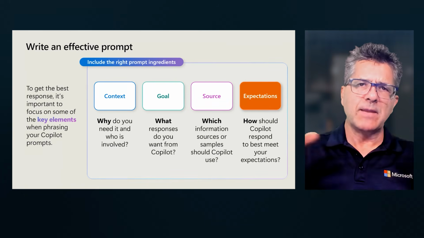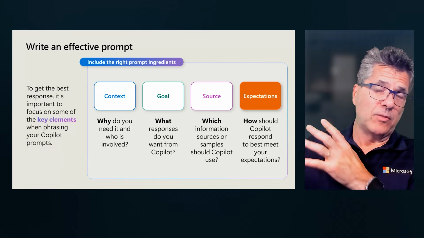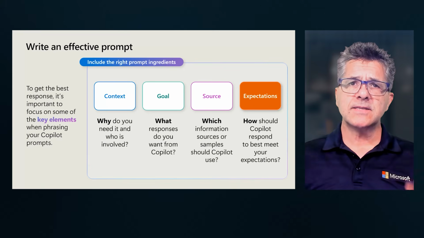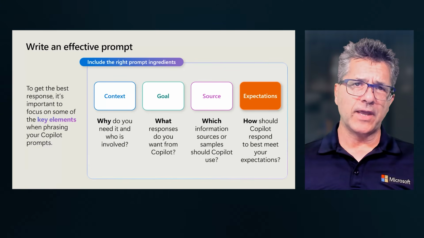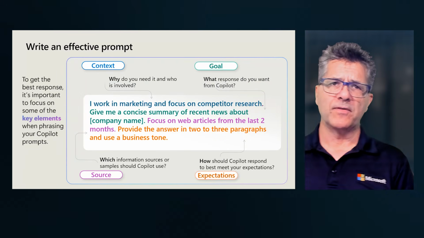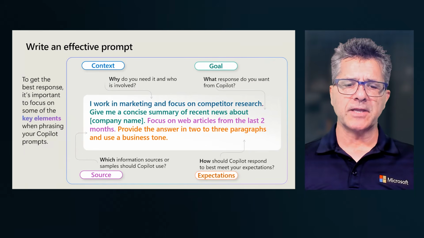Could be in a table format, could be in a bullet point, could be in the Harvard Business Review approach, for example. So these are the ingredients, or what I call the elements of a great prompt. Now, here's an example of a prompt for that. Look at the context, the goal, the source, and the expectation.